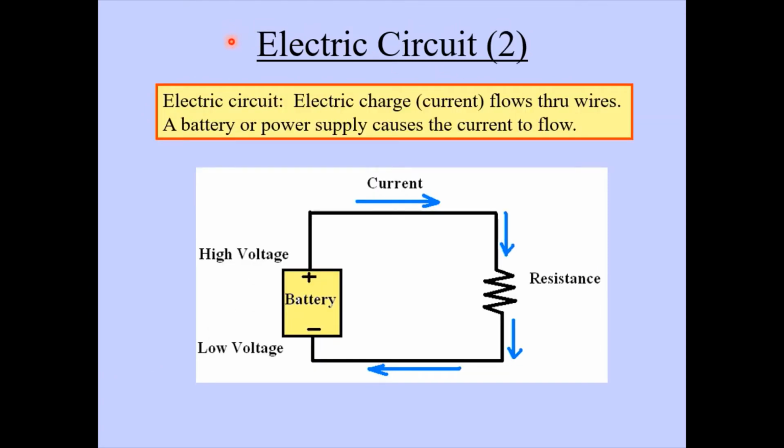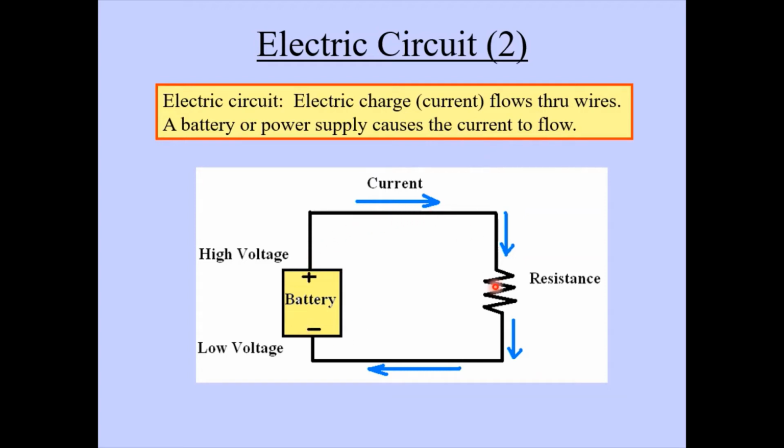So now let's take our water circuit with a pump, and let's see how this transfers over to electricity. In an electric circuit, we have electric charge flowing through the wires, so that makes our electric current. And instead of a pump, we have a battery or a power supply, which causes the current to flow.